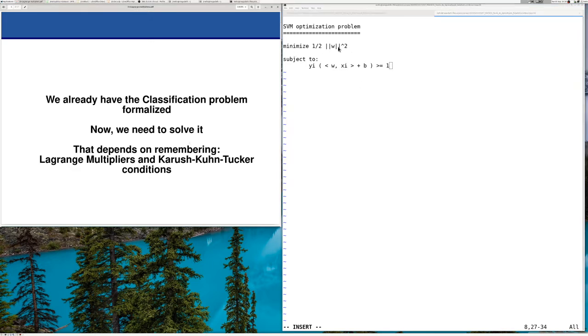What is interesting about this is I have to remember the Lagrange multipliers. Why? Because the Lagrange multipliers help us to solve problems in which constraints are defined in terms of equalities.